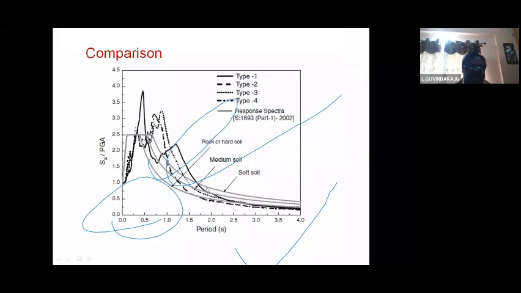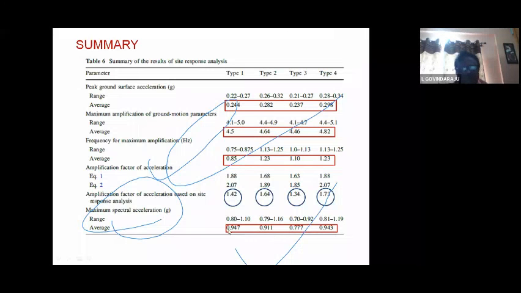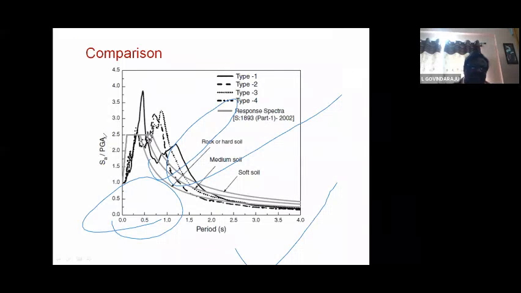This is the rock spectra, and this one is type 1, type 2, type 3, type 4. We have not normalized it, we have simply taken the spectral accelerations we calculated from our analysis, 0.947, 0.911, 0.777, 0.943. Then we divided by the PGA, peak ground acceleration, 0.16. Then this is the IS code spectra: rock spectra, soft soil and medium soil, as you all know.